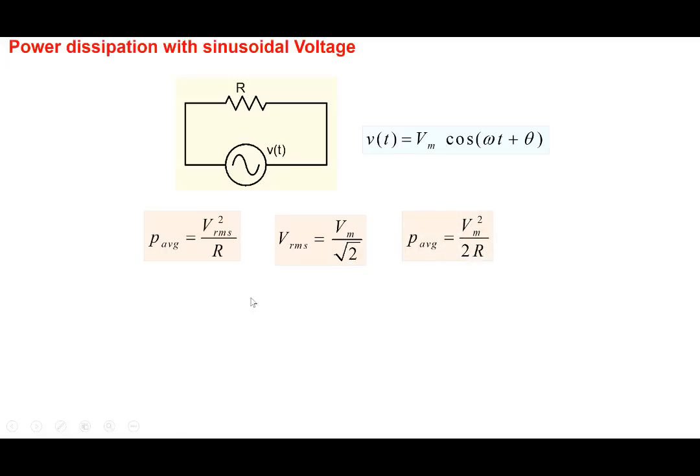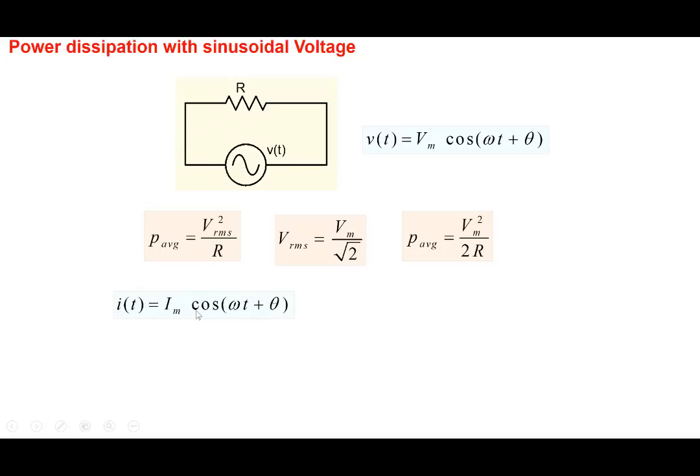So when you write VRMS squared by R, this is just like we handled the DC case, where the power dissipated across the resistor was V DC squared by R. Similarly for a sinusoidal case also, it is V squared by R, but you have to take the RMS value. You don't take the magnitude or the peak value, but you take the RMS value, which is nothing but the peak value divided by square root 2. Similarly, you could write power dissipated in terms of current.